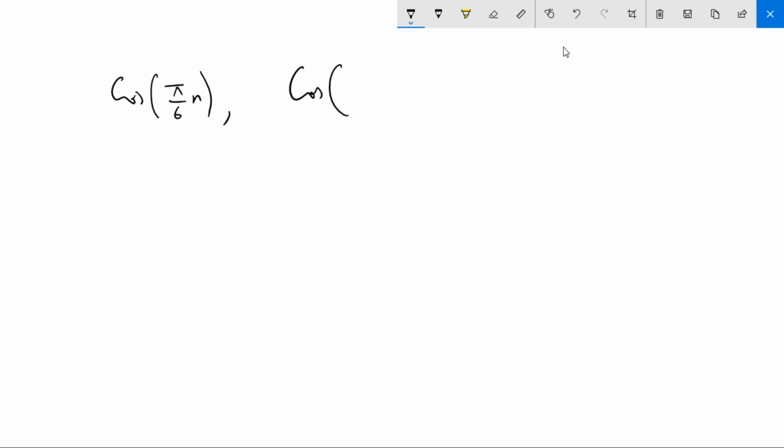One is cos of 8 pi by 31n, and another is cos of n by 6. All are discrete time signals. So for these signals, if you want to find their time periods, you have to first express omega by 2 pi.